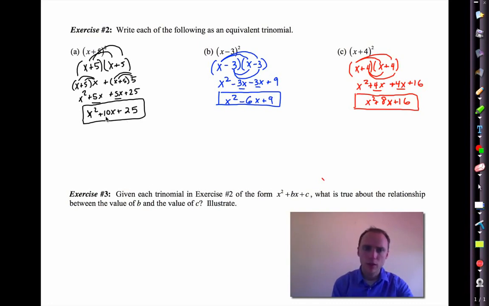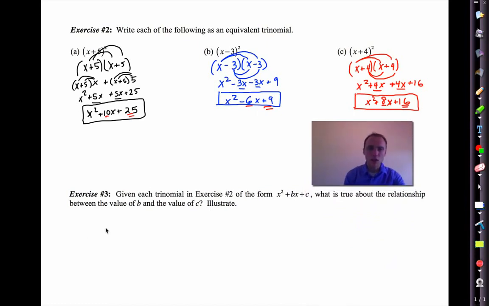What's true about these, the b and the c terms? It might not look like there is, but there's actually a very important relationship. The relationship is this. If we take our b term, divide it by 2, and then square it, we're always going to get our c term. That's our relationship.